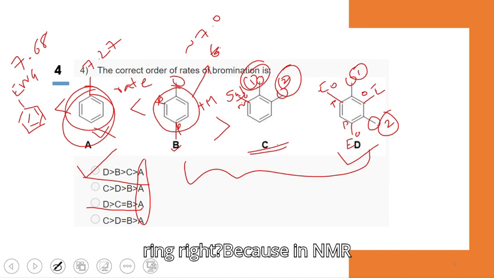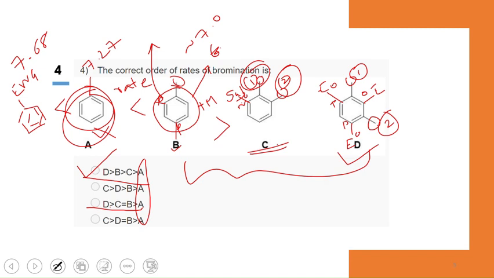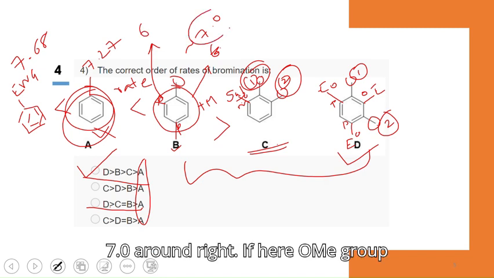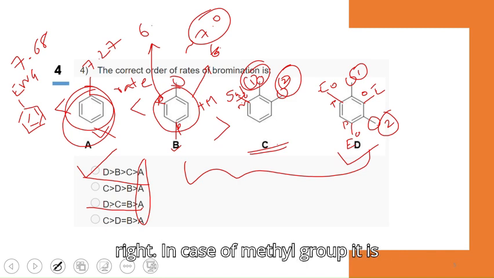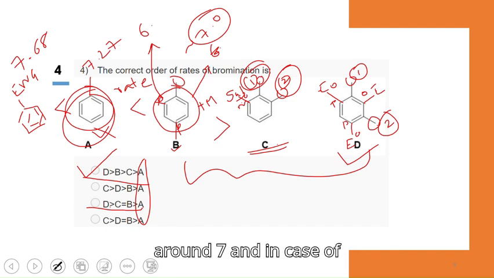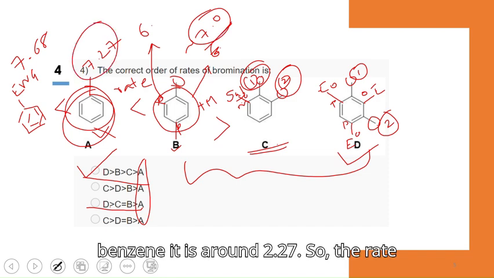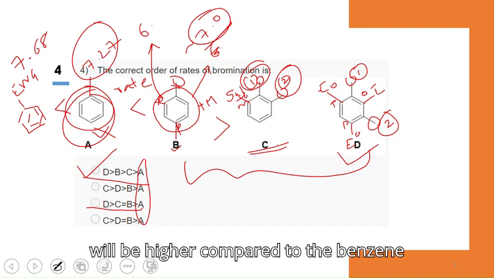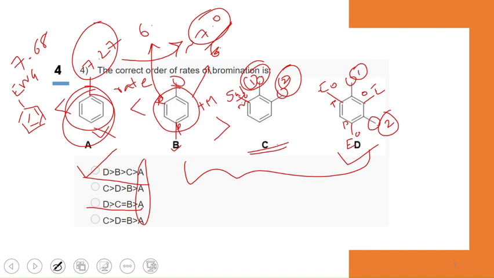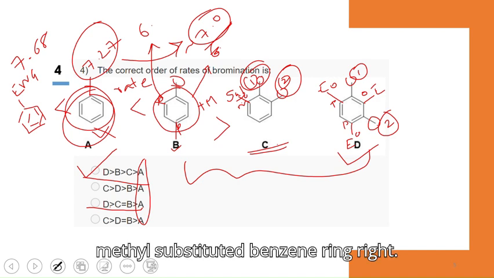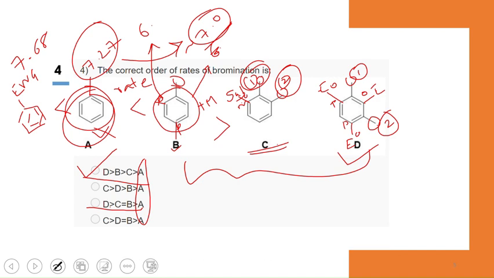Because in NMR this ortho position value is coming around 7.0, right? If the OMe group is there, then it will become 6 point something, right? In case of methyl group it is around 7, and in case of benzene it is around 7.27. So the rate will be higher compared to the benzene ring for this methyl substituted benzene ring, right?